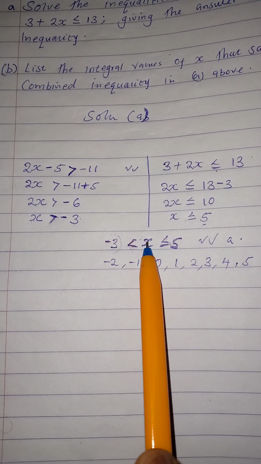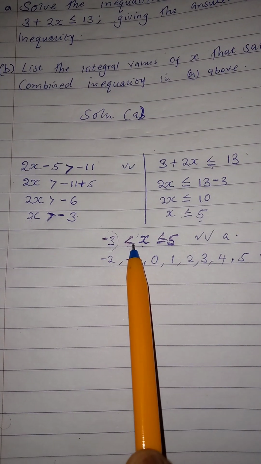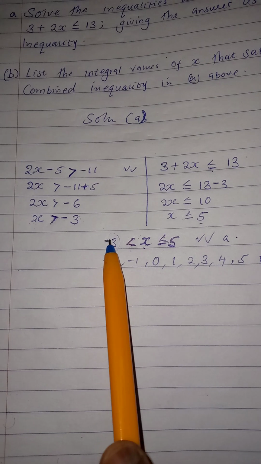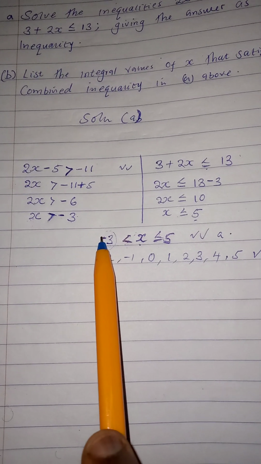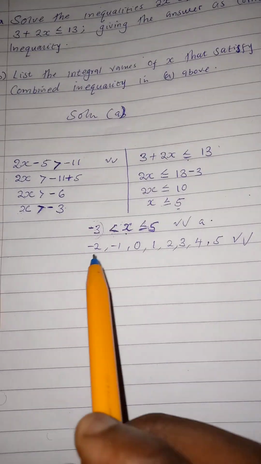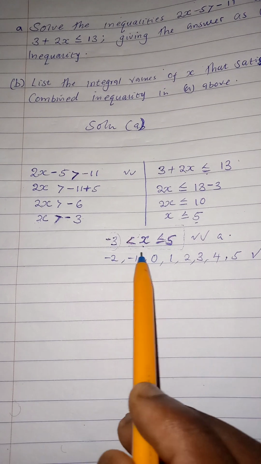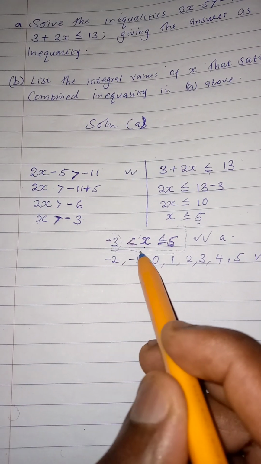For it to face x, it must be less than. So negative 3 we write on the left hand side. That is how we write the combined form of the inequality.